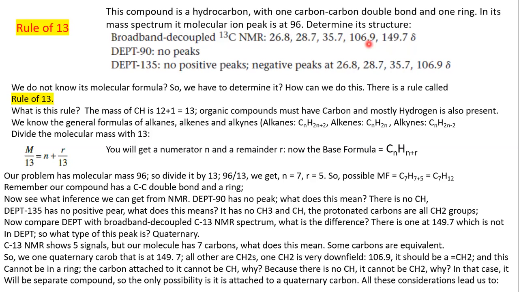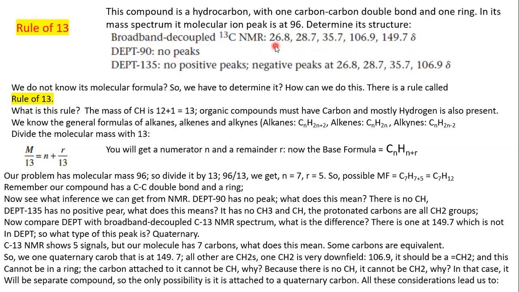So we have how many peaks here in C13? 1, 2, 3, 4, and 5. So 5 peaks are there. Look at the chemical shift values also.